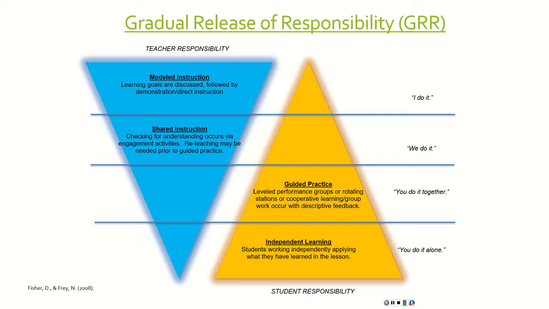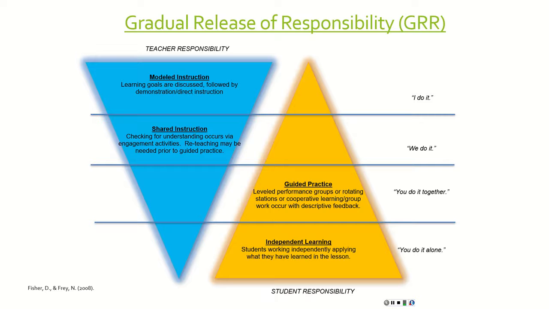Gradual release of responsibility also goes by the acronym GRR or GR, and it's a way for teachers to set up their lesson plans. It starts off with the teacher being responsible for the modeling and sharing the instruction, right? Presenting the content.